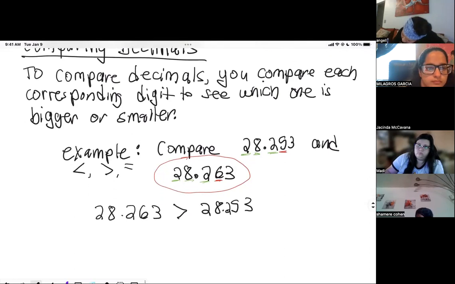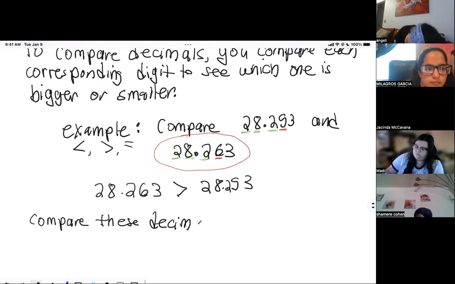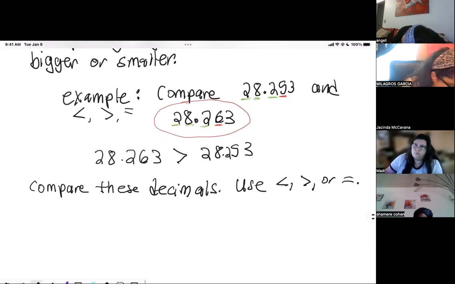All right, so we're going to practice some of these. So the directions are compare these decimals, use less than, greater than, or equal to. One, 26.208.